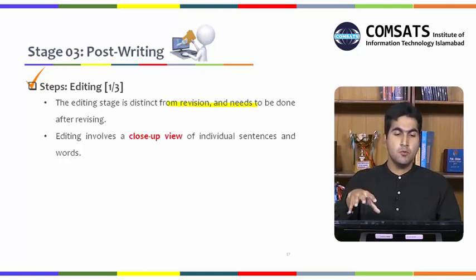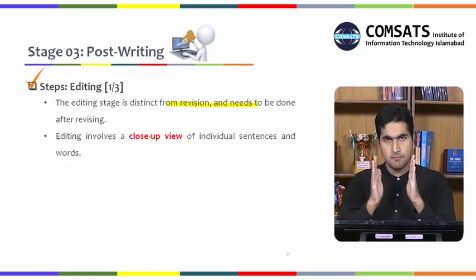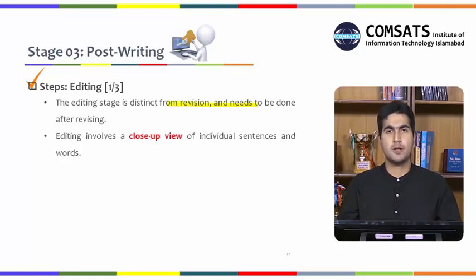But once you move towards the editing stage, now you have a clear close-up view of the information being provided within the text. You'll be looking at the paragraphs, their logical arrangement, the manner in which sentences are being constructed, so that nothing is missed out. There shouldn't be any gap in logic or any information being provided. Nothing should be missed out to create confusion for your readers. So this is basically what you do within the editing process.